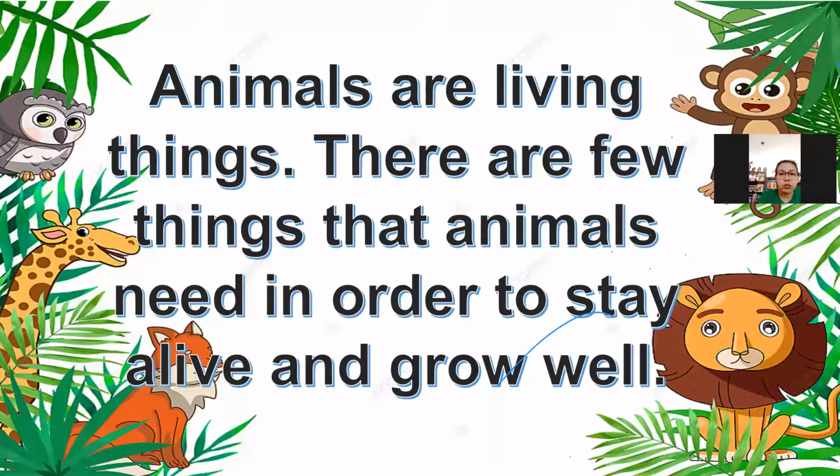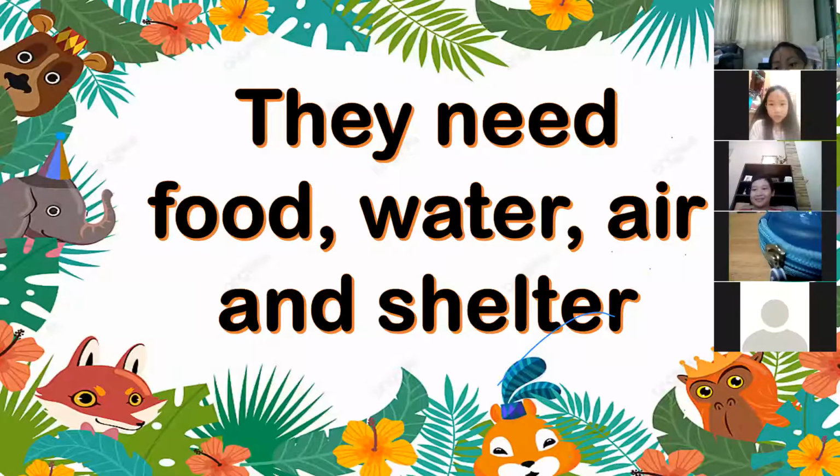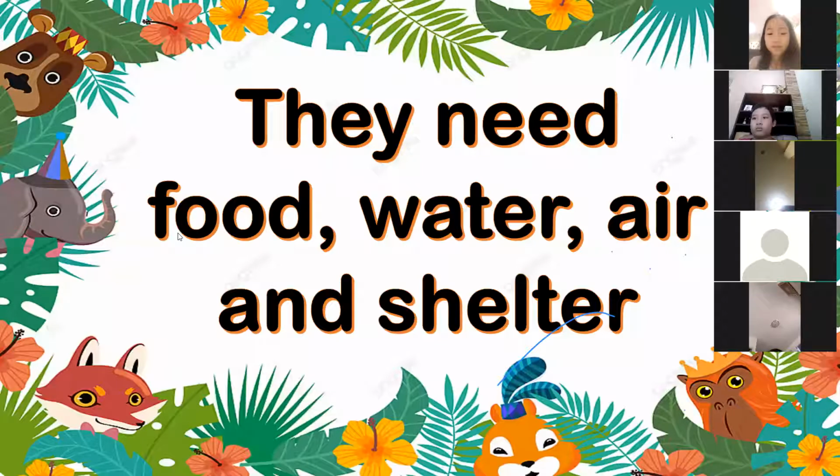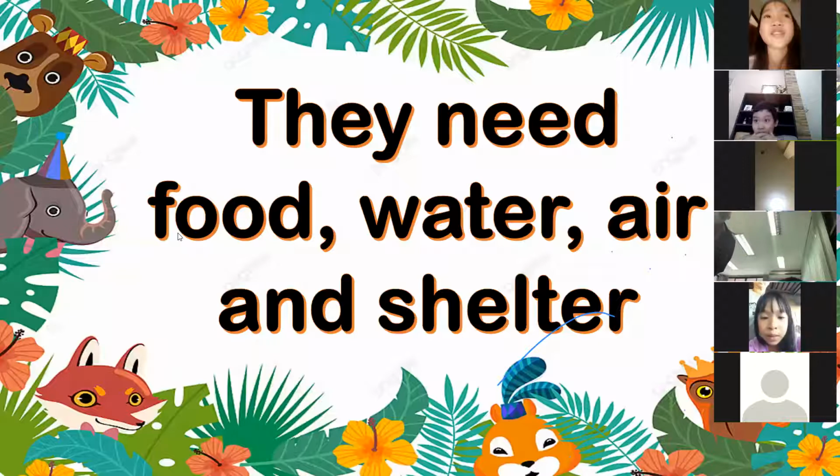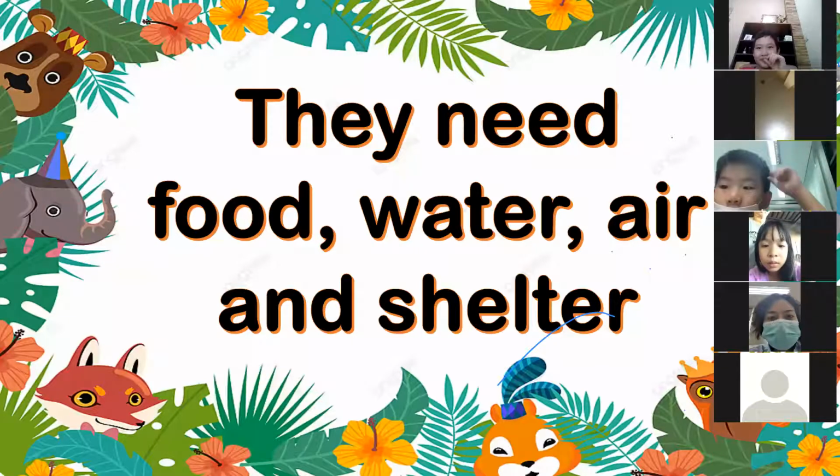Next. Now, animals need, number one, food, water, air, and house. Not house, but shelter. Okay, need something.